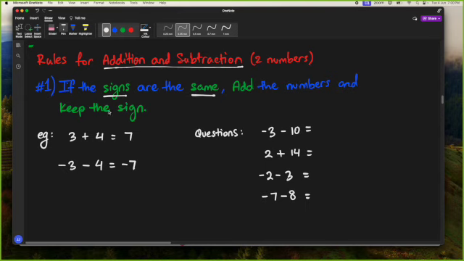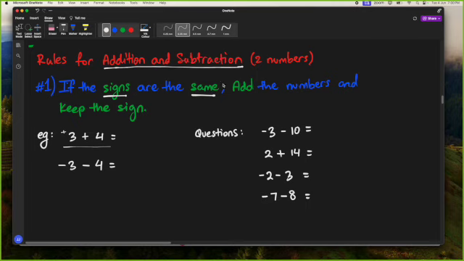So you're looking at this example here, 3 plus 4. Well, you know that this is a plus 3. It has no minus in front of it, so it has to be a plus 3. And this 4 has the plus in front of it. So therefore, the signs are the same.